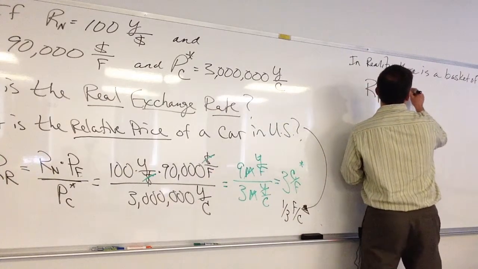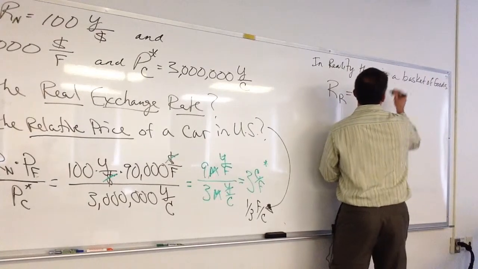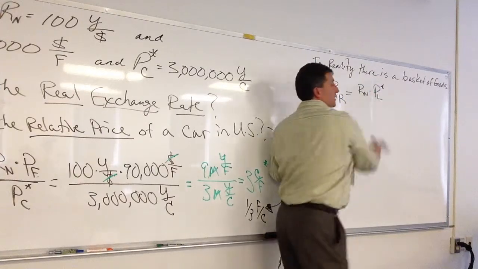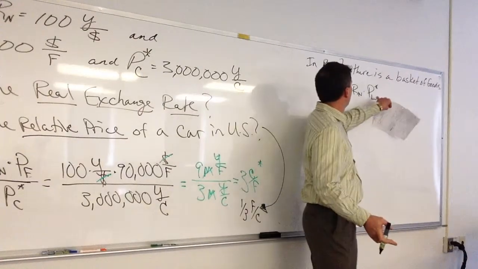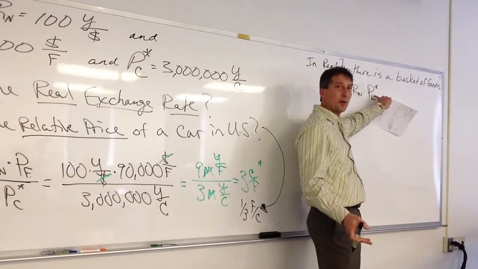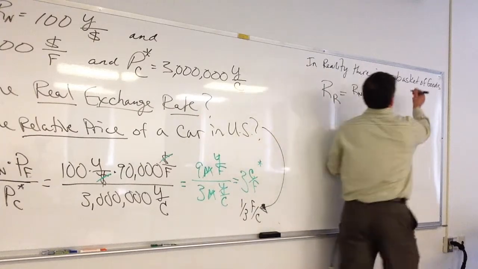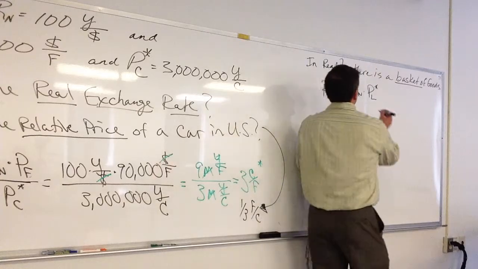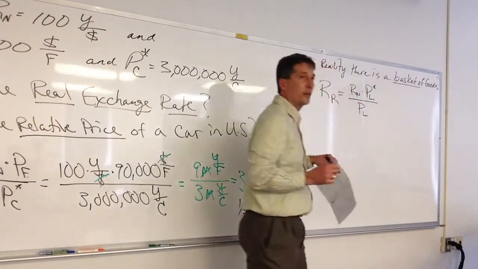I'm going to do it 2 ways. I'm going to do it in 2 steps so that you see that it's just like what we just did, first of all. The nominal exchange rate times the price level, not the price of laundry detergent, but the price level, the average level of all prices, because we're really talking about the basket of goods. That over the price level of the other country.